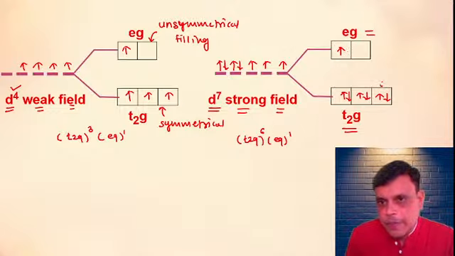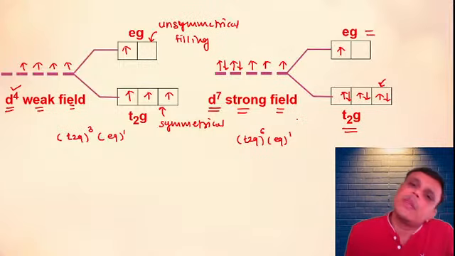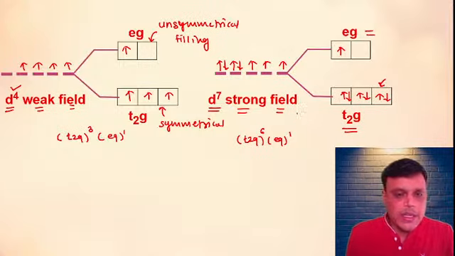Now see, in this filling, T2G orbital is completely filled. Orbital completely filled means is it symmetrical or unsymmetrical? Tell me. Is the electronic configuration of T2G symmetrically filled or unsymmetrically filled?